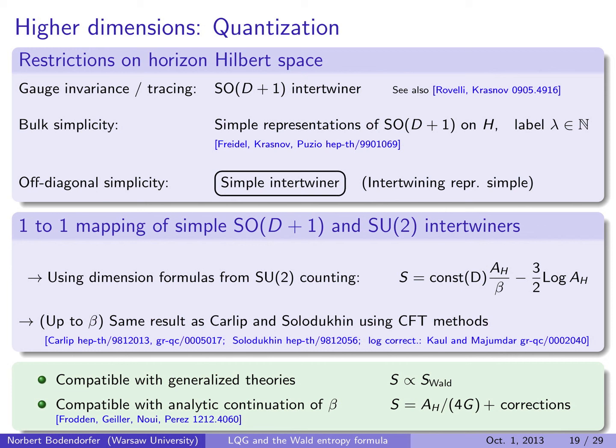And that is nice because it's in agreement with results of Karlip and Solodukhin, which were obtained using conformal field theory methods. Now, when we proposed this simple intertwiner, there were essentially two issues which were open with this proposal for solving the simplicity constraint.